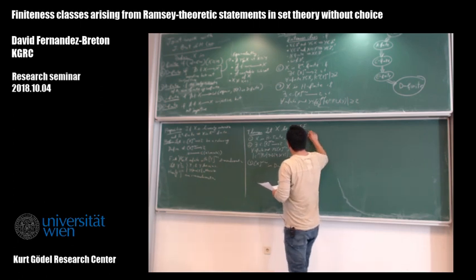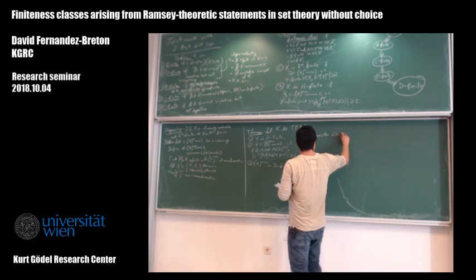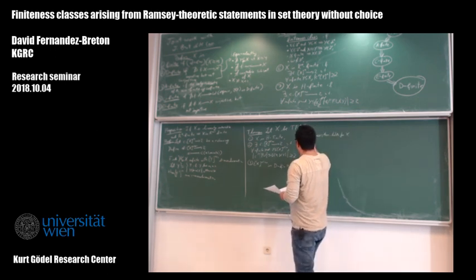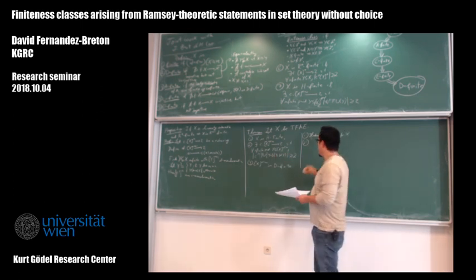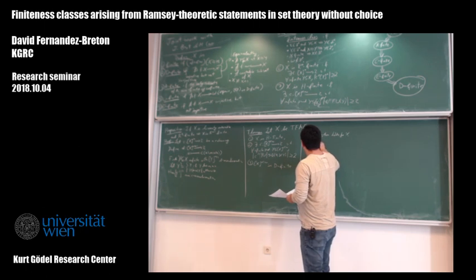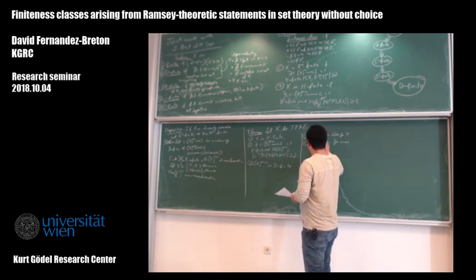So 1 prime, X is H infinite, which means Hindman's theorem holds for X. 2 prime, for every coloring, there's an infinite pairwise disjoint family so that the unions of at most two things are monochromatic. So Hindman's theorem for unions of less than or equal to two things.